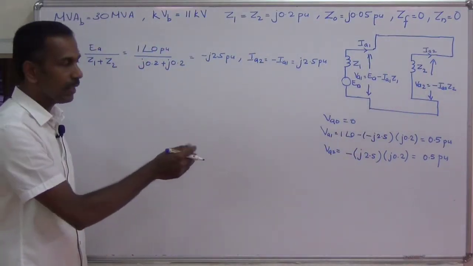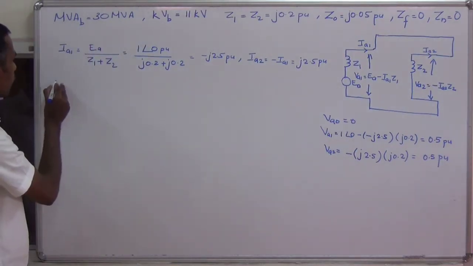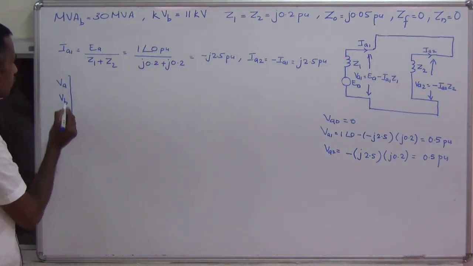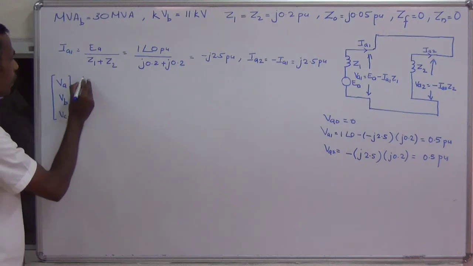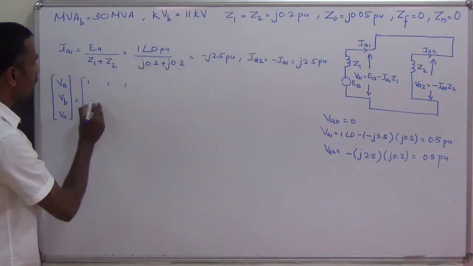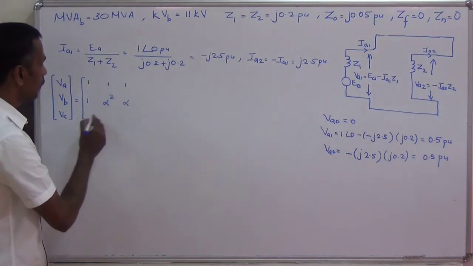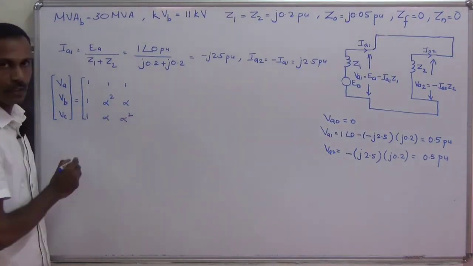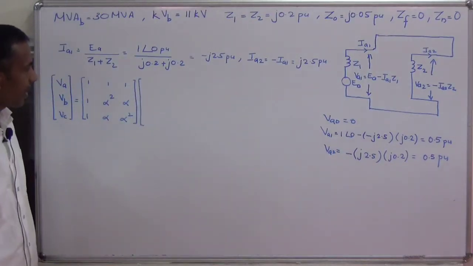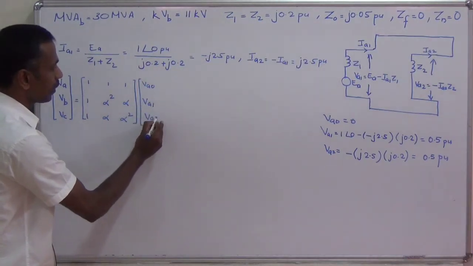Now let's convert these sequence voltages into phase voltages using the matrix equation VA, VB, VC. This is equal to our transformation matrix: 1, 1, 1; 1 alpha square alpha; 1 alpha alpha square, into the sequence voltages VA0, VA1 and VA2.